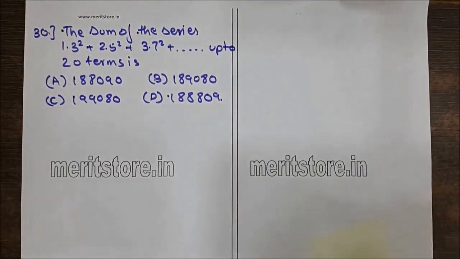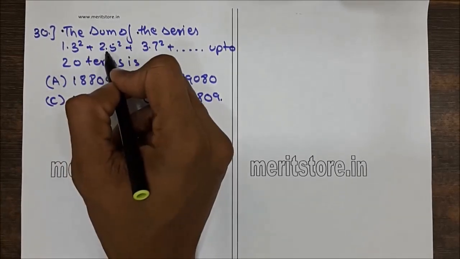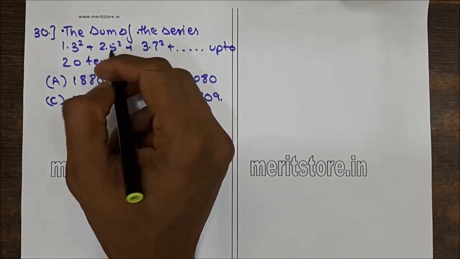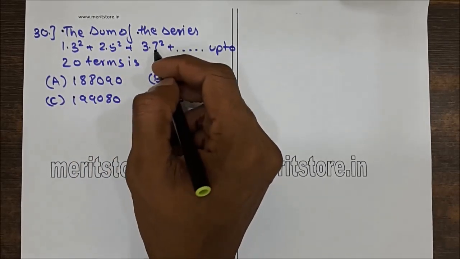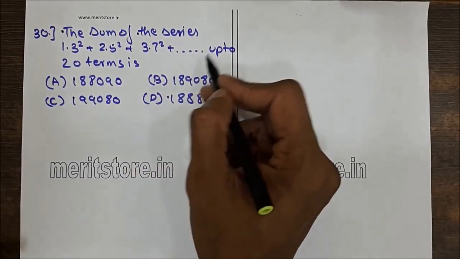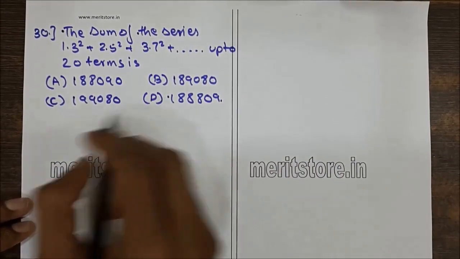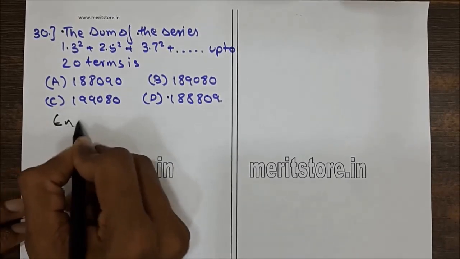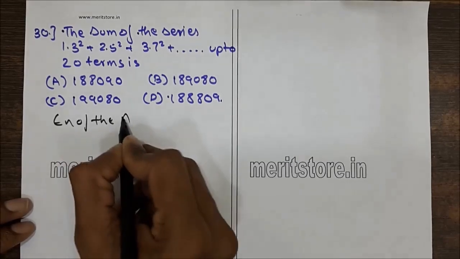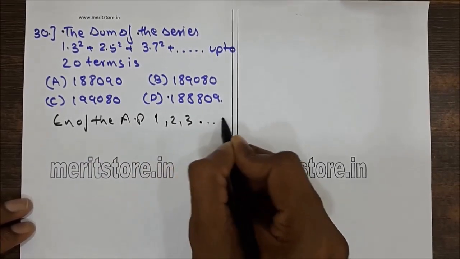Question 30. The sum of the series 1 into 3 the whole square plus 2 into 5 square plus 3 into 7 square plus up to 20 terms is, we have four options. Hence, for the first factor, that is Tn of the AP 1, 2, 3, that is equal to n.